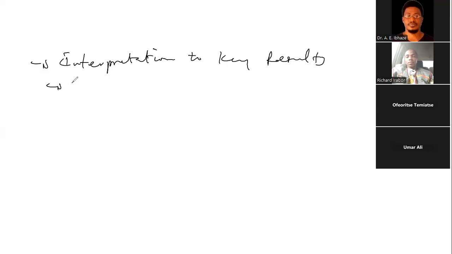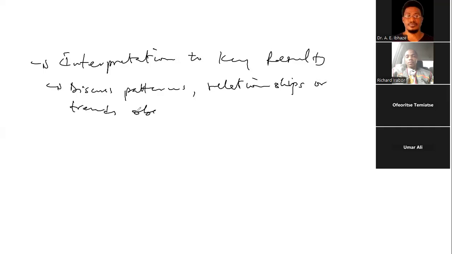So this is where you begin to discuss patterns, relationships, or trends. And then you also want to compare different data sets, right?